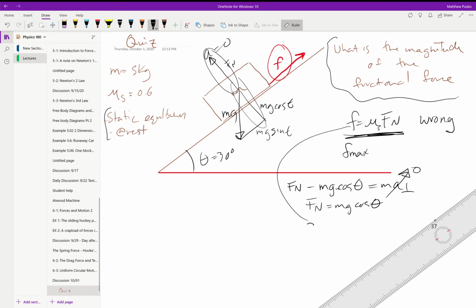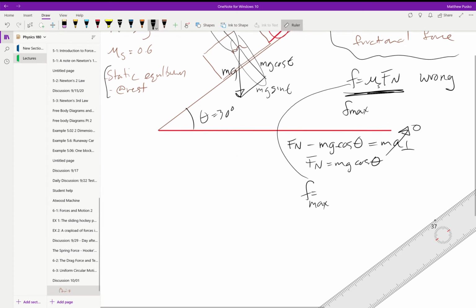Plugging that into our frictional formula will give us the maximum friction, not the friction that's actually holding it at rest. So I'm going to go ahead and crunch the number on this. We would get mu times mg cosine theta, and that comes out to be 25.5 newtons, a little less than that. That's the maximum, so that's not the answer we're looking for.